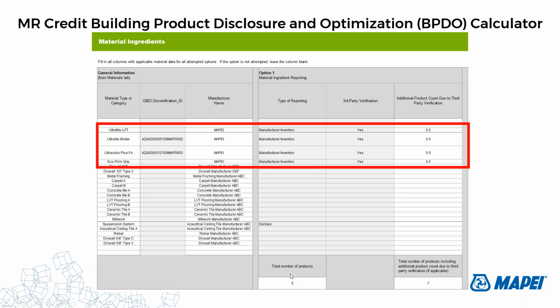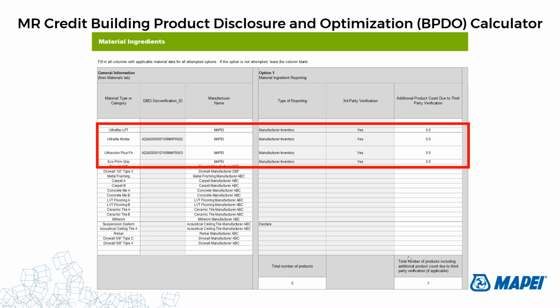However, where you can gain additional products is if a material ingredient report is third-party verified. So of the 21 products that we have listed in this first column, 5 of them have a material ingredient report, but because some are third-party verified, we actually have a total of 7 material ingredient reports to contribute to the LEED point.